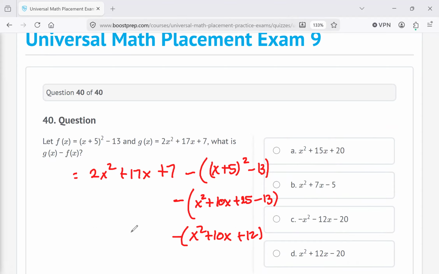Then you distribute this minus, so it's negative x squared minus 10x minus 12. And then we have 2x squared plus 17x minus 7. Then you clean it up. 2x squared minus 1x squared is x squared, 17 minus 10 is 7x, and then negative 7 and negative 12 is negative 19.